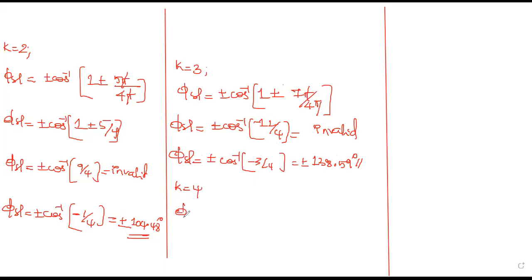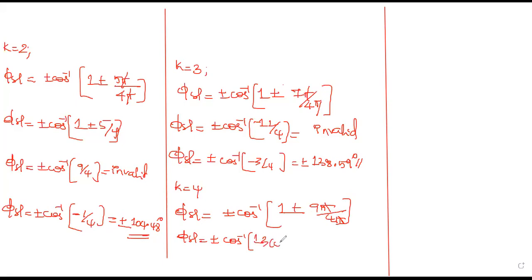Again, both values are not invalid, so you have to continue. So plus or minus cos inverse of 1 plus or minus, you have 4, so 4 into 2 is 8, 8 plus 1 is 9. So it is 9 pi by 4 pi. Pi and pi get cancelled. You will have phi SL is equal to plus or minus cos inverse of 1 plus 9 by 4, which is 13 by 4.